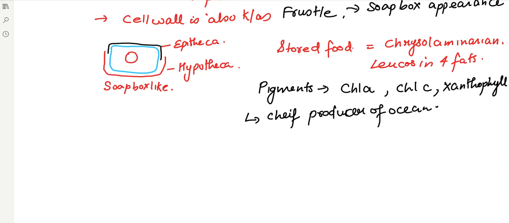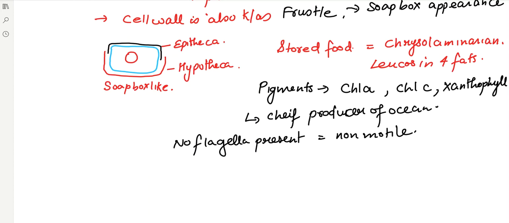Talking about this particular group of organism, there is no flagella present. So they are basically non-motile in nature. Obviously they will be moving by floating in the sea.